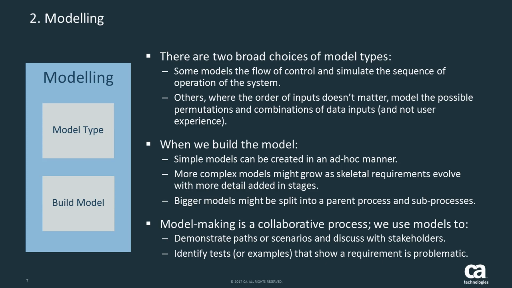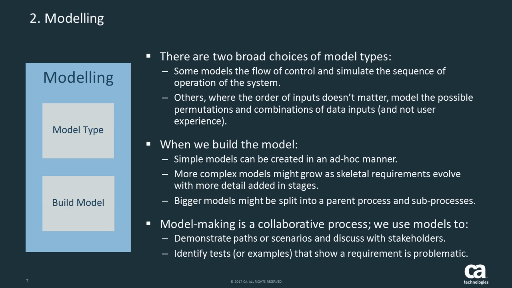There's no sequencing of the data in that respect. So in that case, we just look at permutations and combinations, and we ignore the user experience and the flow through the system. We just treat it as a tabular set of combinations.